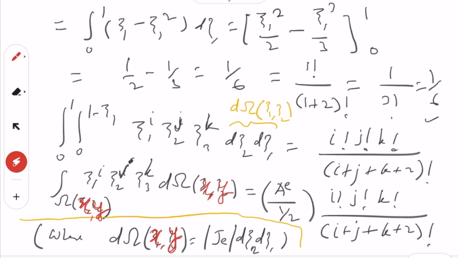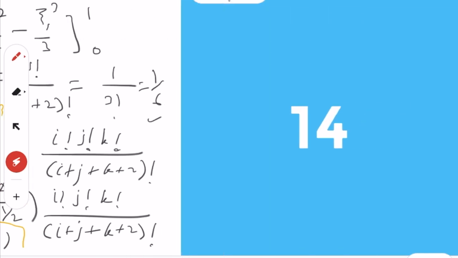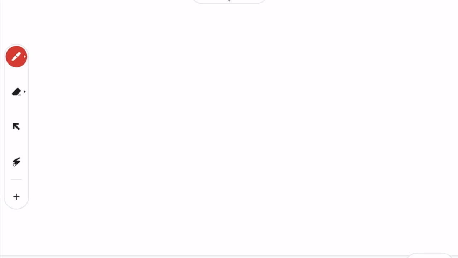If you have converted everything inside the integrand, and you have not converted this to the xi eta system, then you can write this equal to simply like this one, where area divided by half you have to write. Let me add what I mean to say.